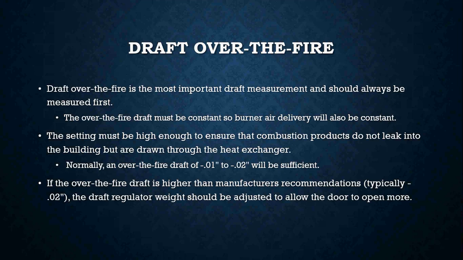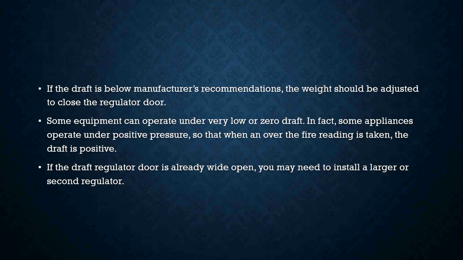If the over the fire draft is higher than the manufacturer's recommendations, again typically negative 0.2, the draft regulator weight should be adjusted to allow the door to open more. If the draft is below the manufacturer's recommendations, the weight should be adjusted to close the regulator door.